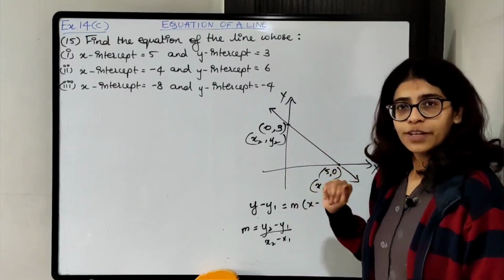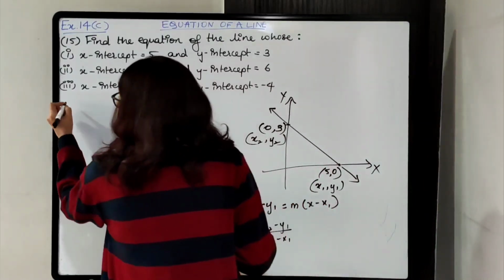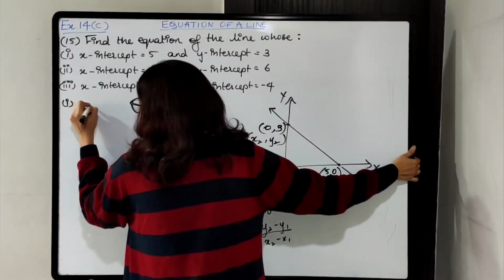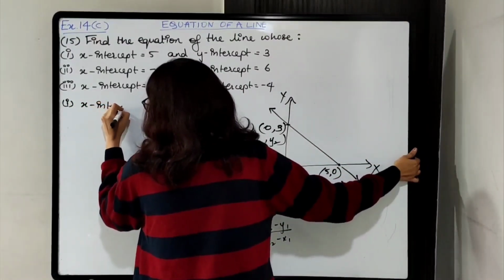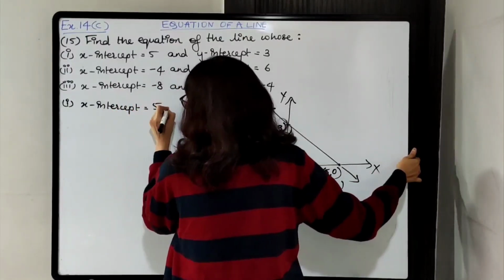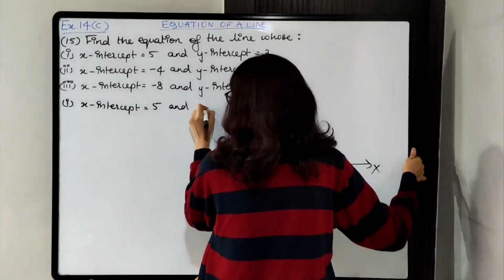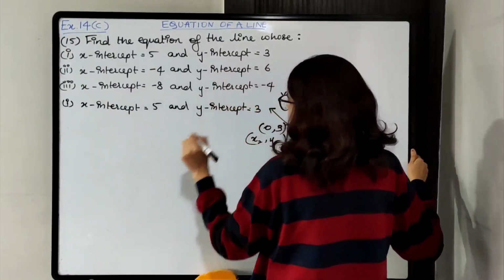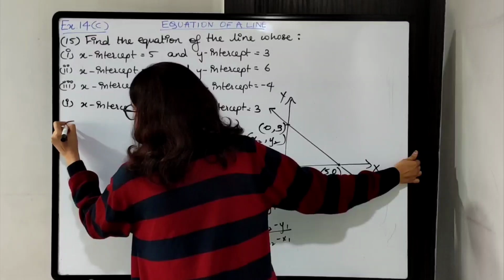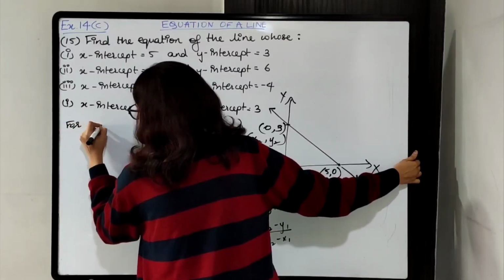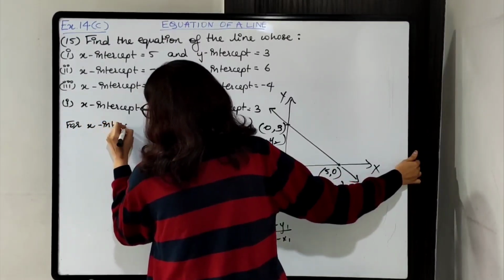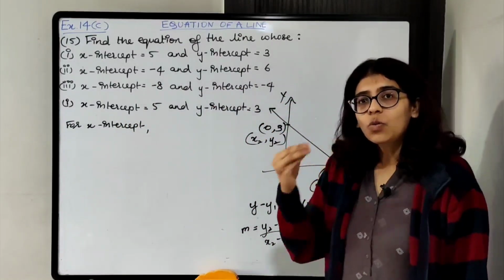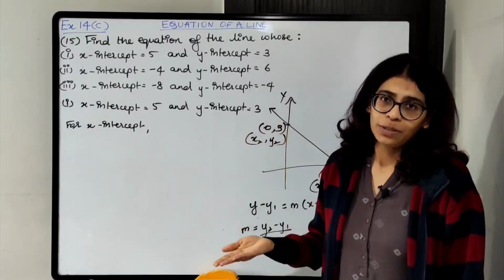So we'll solve now. First write down x-intercept is equal to 5. Write down the given information. For x-intercept, x coordinate will be 5 but y coordinate will be 0.